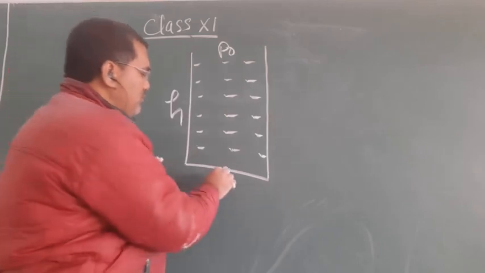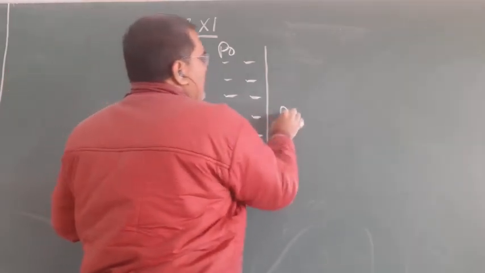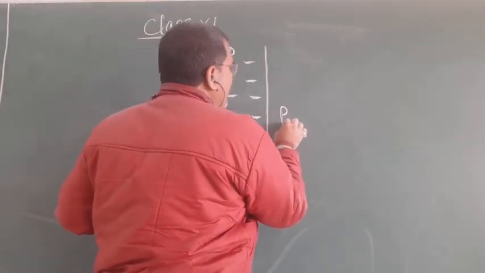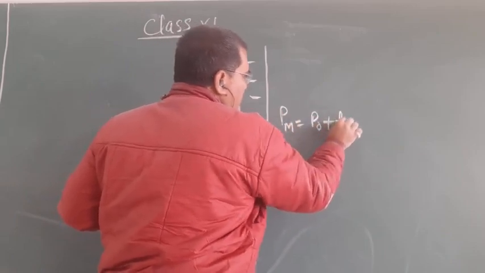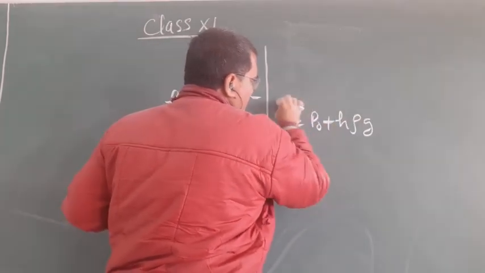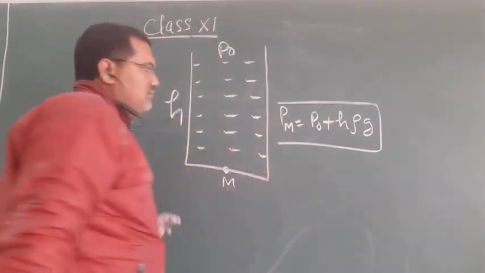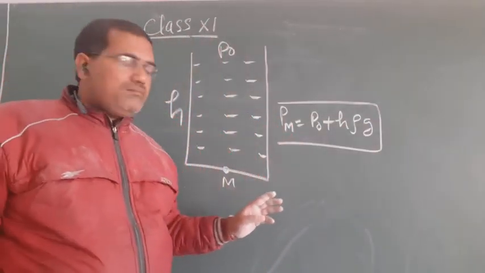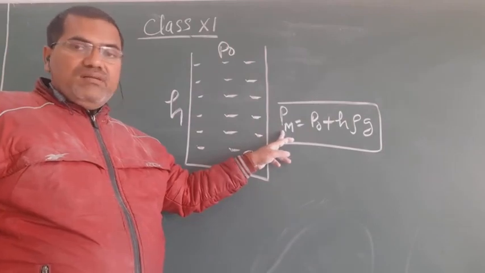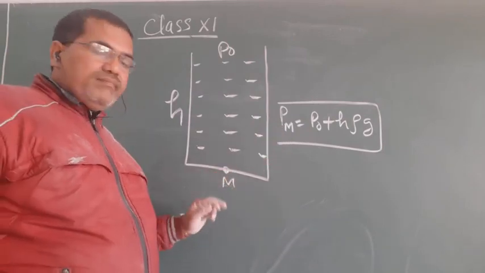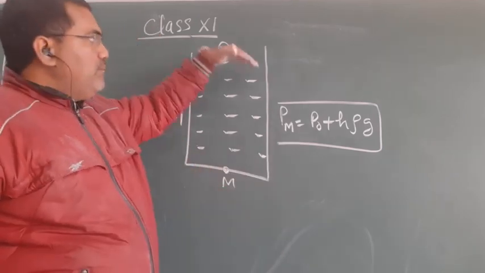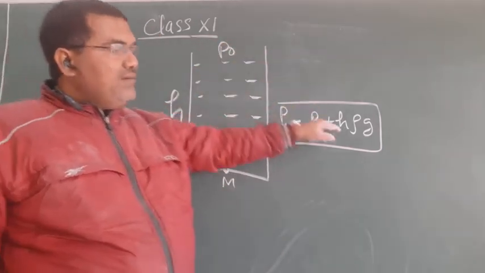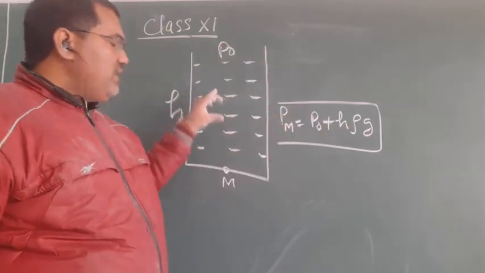So at the bottom, say at M, pressure will be P naught plus h rho g. This pressure is created by atmospheric pressure and the pressure of the liquid column.